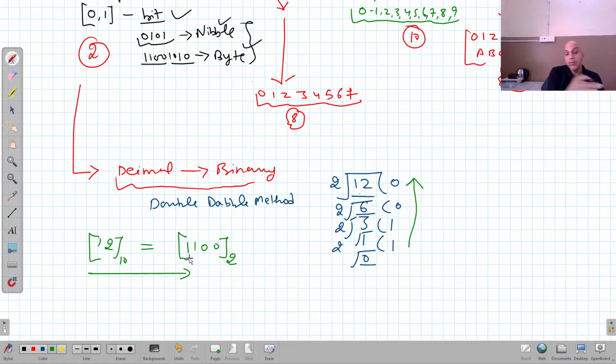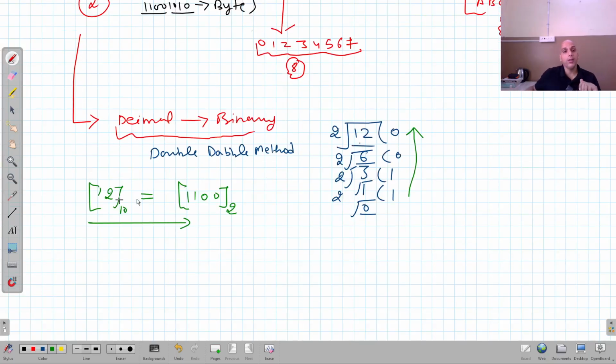Now if I want to do vice versa, convert a binary number into the corresponding decimal number, let's take the case of 1 1 0 0. In this number system, I have to represent each bit position by a power of 2, like 2 raised to power 0, 2 raised to power 1, 2 raised to power 2, 2 raised to power 3.